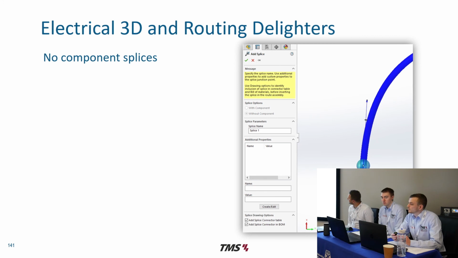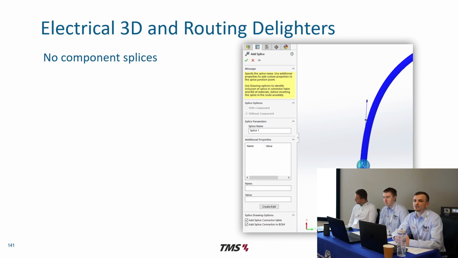Moving on from that, we also have a new addition when it comes to routing in the means of splices. Now, up until now, we've always needed to add a component in when it comes to a splice. However, that's not always the case in real life. Sometimes these are actually added through a little bit of solder or even welded together.